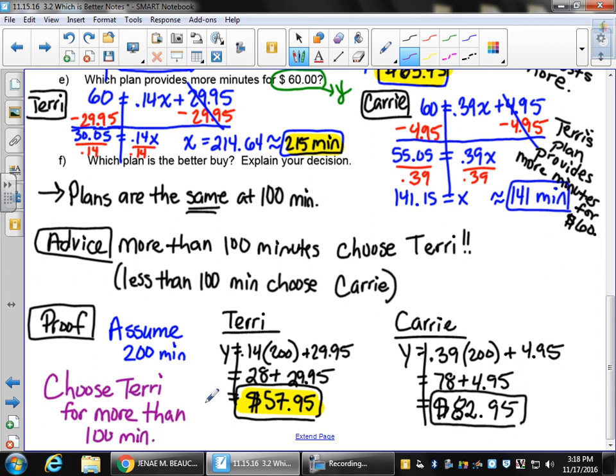Right? So here's my advice, and here was my proof. If I choose any value bigger than 100, Terry's plan will always come out cheaper. On the flip side, if you chose something less than 100, like 20, 30, 40, 50, Carrie would have come out cheaper. Fantastic. Moving on.